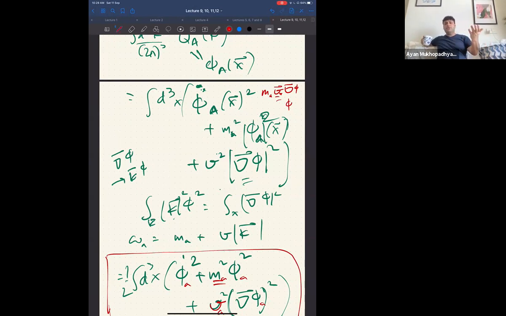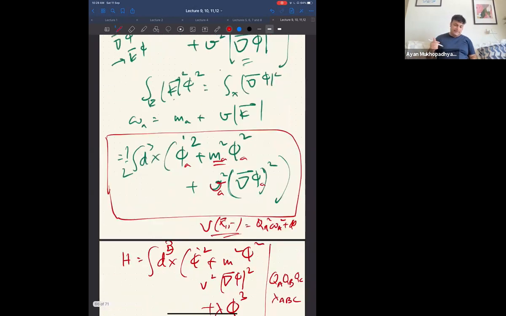Okay, so there's a famous example where the Helmholtz theorem is violated. What the Helmholtz theorem basically says is that you can write any vector field as grad of something plus curl of something. What does the Helmholtz theorem say?